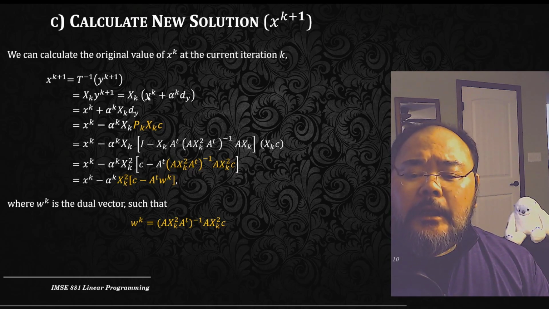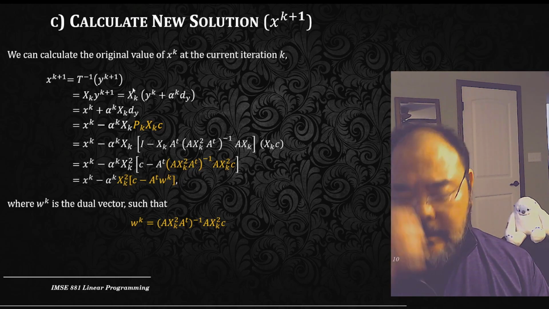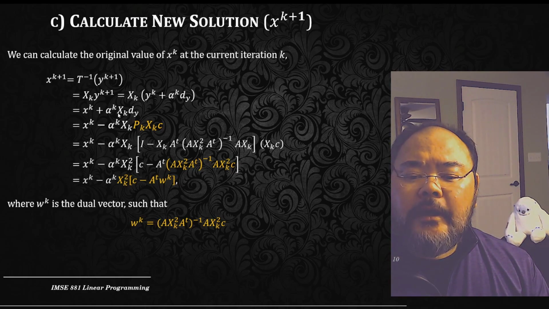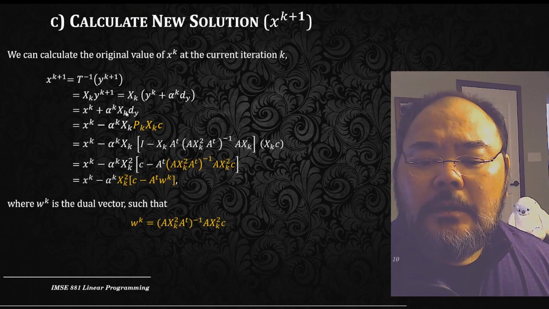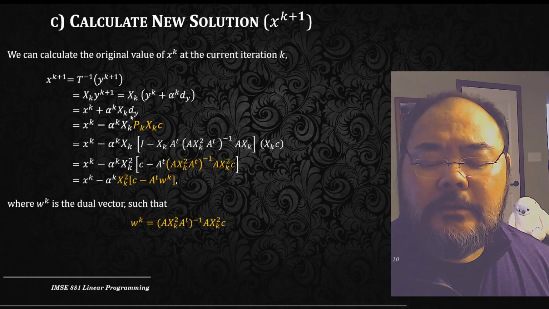Okay, and that's fairly simple once we multiply the y domain in front by capital Xk. I can have xk plus alpha k times capital Xk times dyk. Okay, and this is fairly simple as well. I can calculate the dy using this equation.